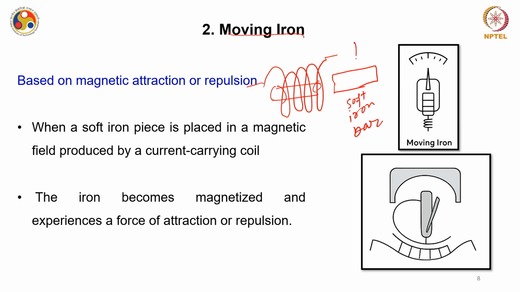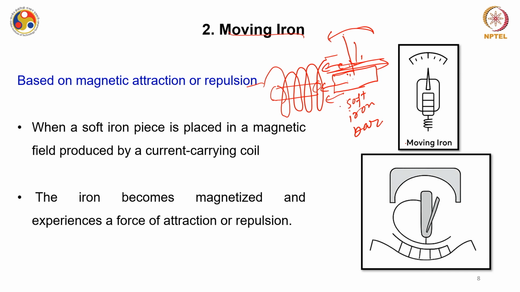What will happen is this bar will be magnetized, and when it is magnetized, it can be attracted or repulsed. Mostly it will be attracted towards the coil. And when you have this attraction force, you can attach a pointer to it, and based on this movement your pointer will deflect.